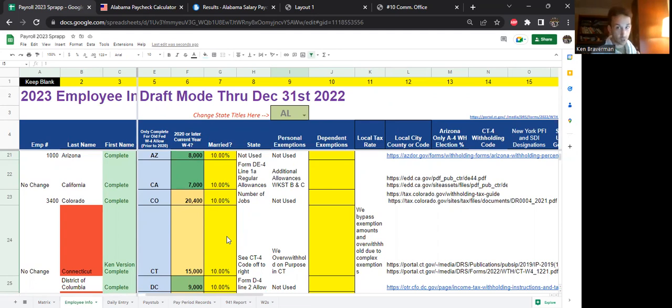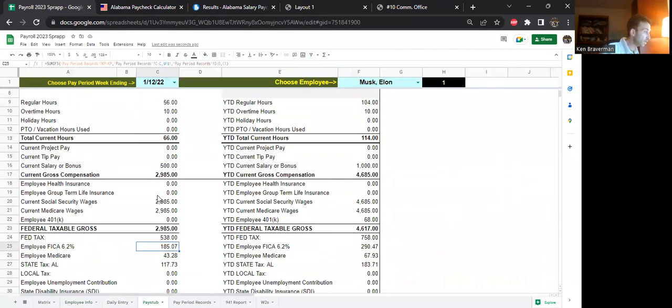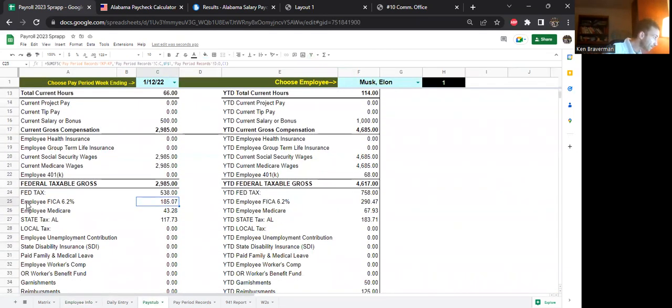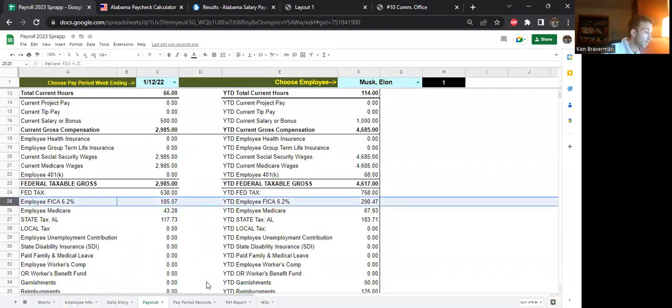You have Social Security tax, a 6.2% that comes out of the employee's wages, and a 6.2% that is paid by the employer only. So Social Security is separated into two parts, as you can see here on the pay stub. You'll see employee FICA, but then you also see something that's not on the pay stub because it's an employer expense.